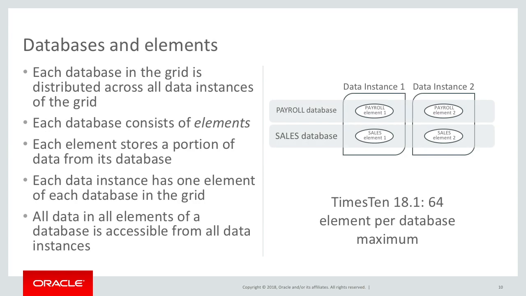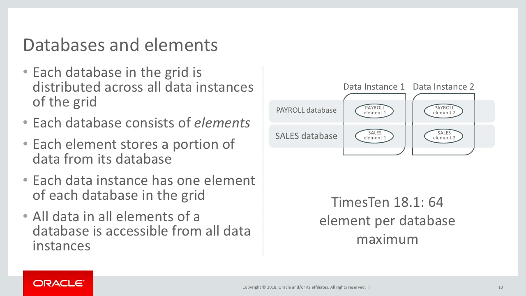As I mentioned earlier, databases are internally split into what we call elements. Every data instance in the grid has an element of every database in the grid. So in this example, you can see we have 2 data instances and 2 databases for a total of 4 elements. Each instance contains an element of each database in the grid, and each database has an element on every instance of the grid.